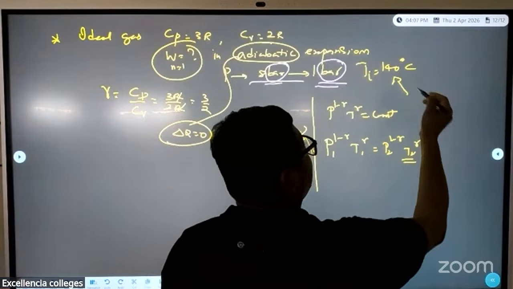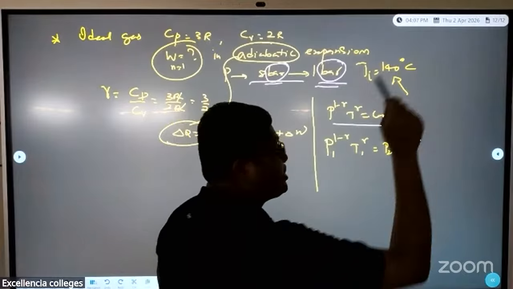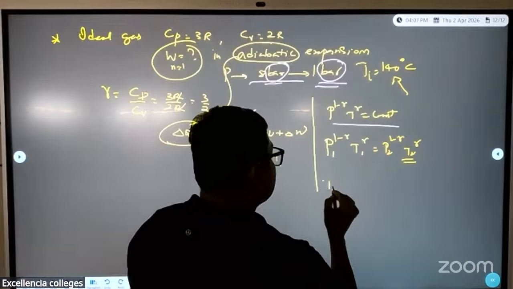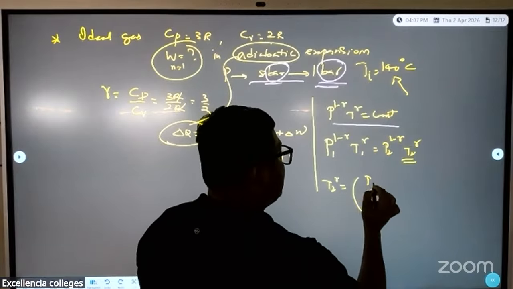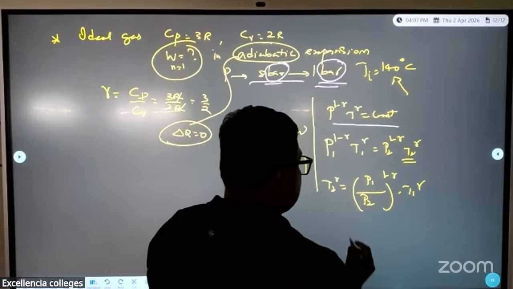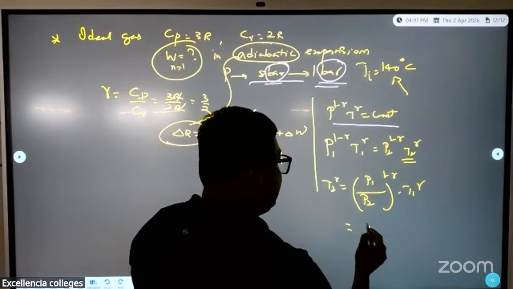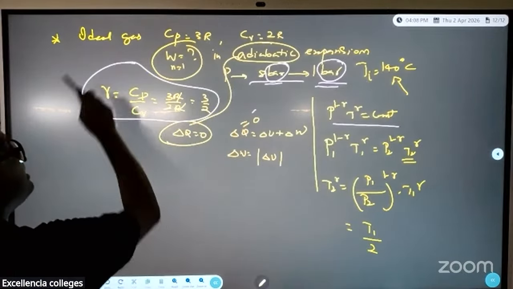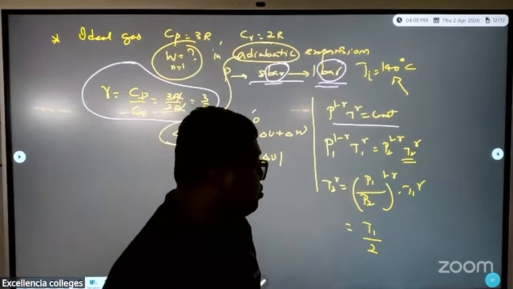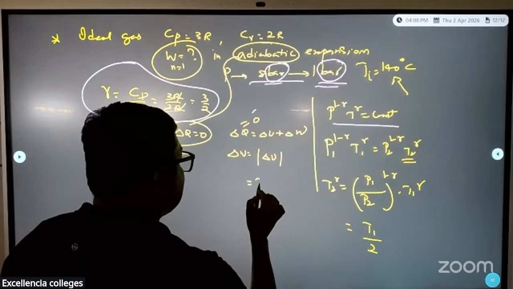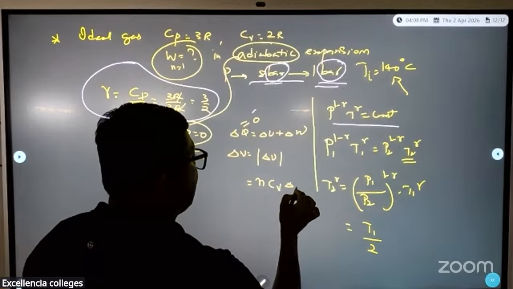You have to convert it into the Kelvin scale because these relations are valid in the Kelvin scale. So T2 to the power gamma comes out to be P1 by P2 whole to the power 1 minus gamma into T1 to the power gamma, with the value of gamma already calculated as 3 upon 2. Taking this into account, we can directly write the work as n Cv delta T.